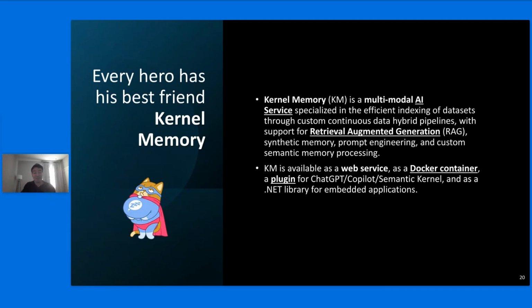So Kernel Memory was introduced to resolve a lot of things. But the most important and most useful thing is that Kernel Memory can be used for loading documents. You have a Word document, Excel document, or PowerPoint, or you have a website that you have to chat with in the AI. Kernel Memory can solve all these problems for you.